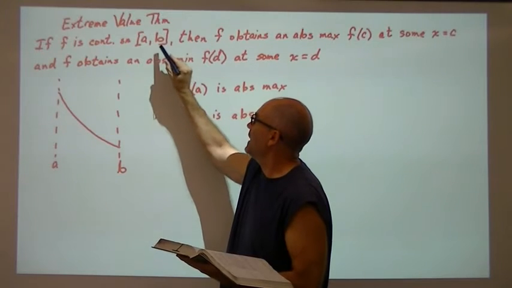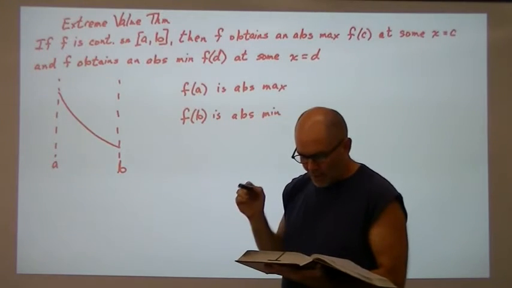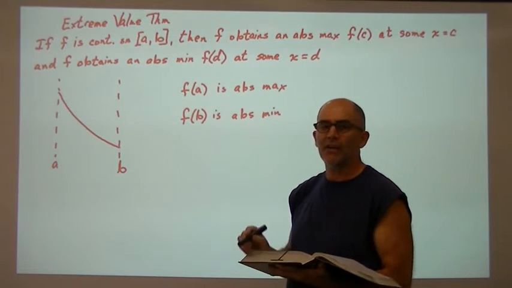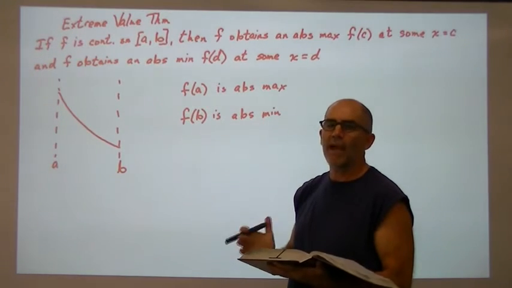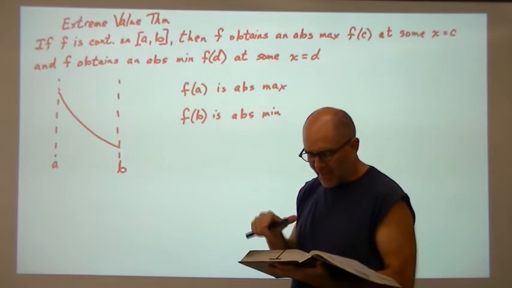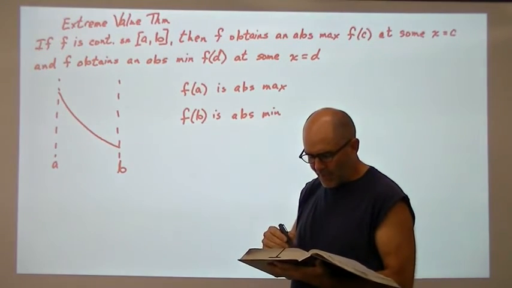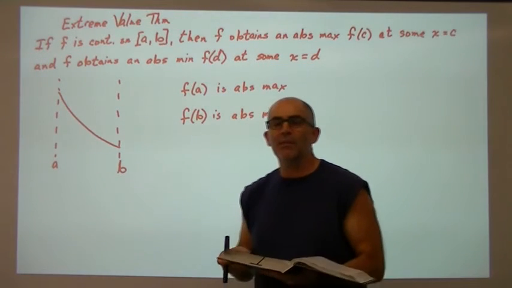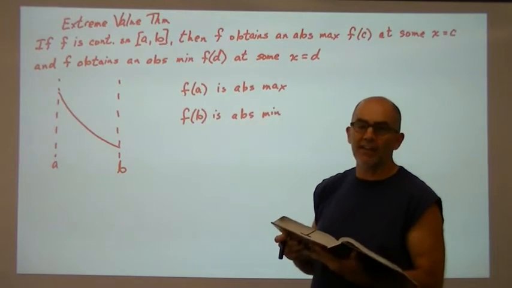F has to be continuous on A to B. Well, in figure 6, the function is not continuous from A to B, so there is no max there. Oh, and incidentally, if you think the max is that open point there at x equals 1, that's not an absolute max, because the function is not defined there.